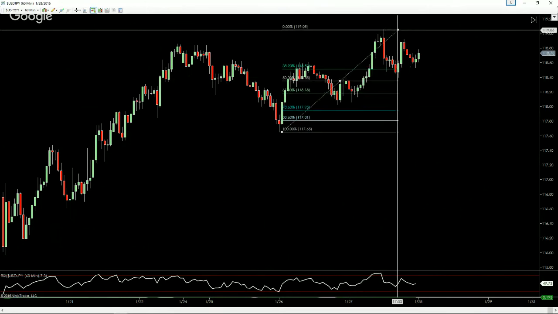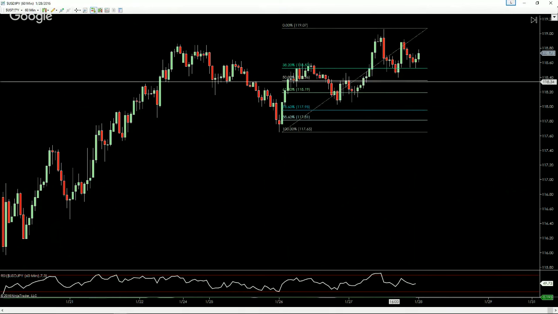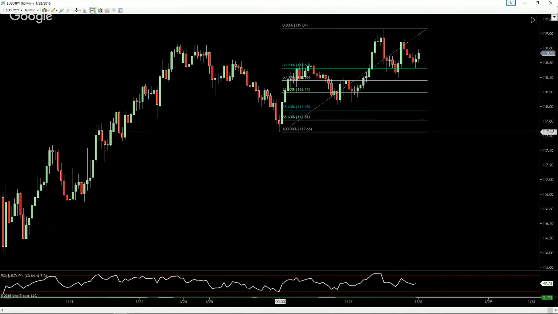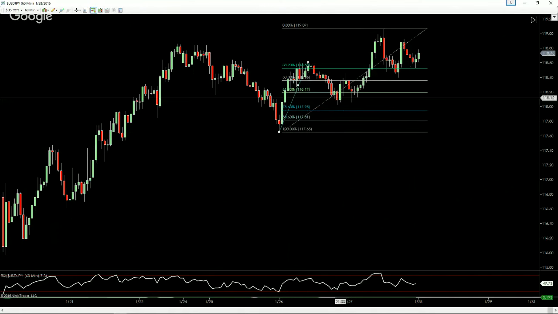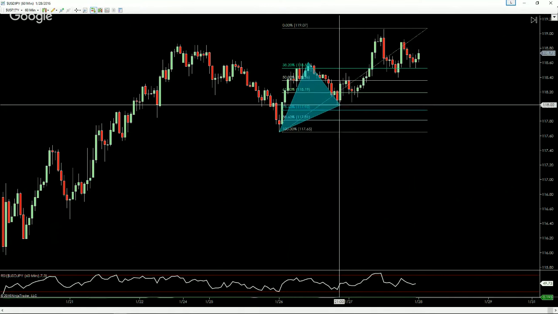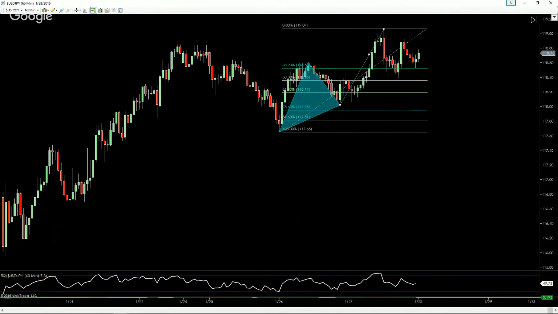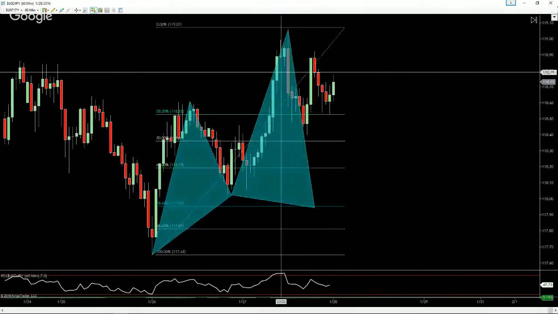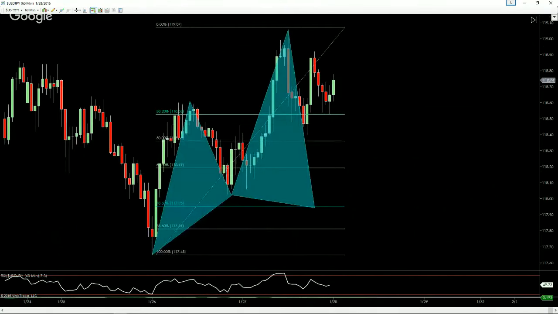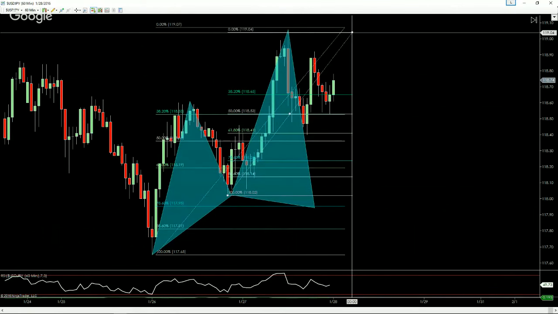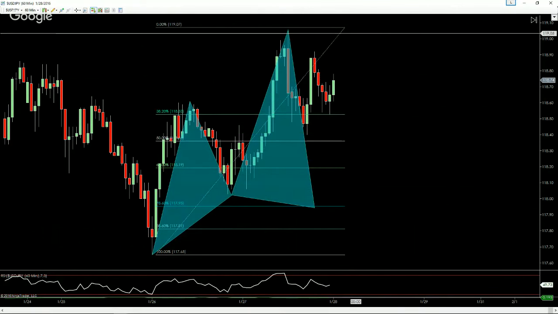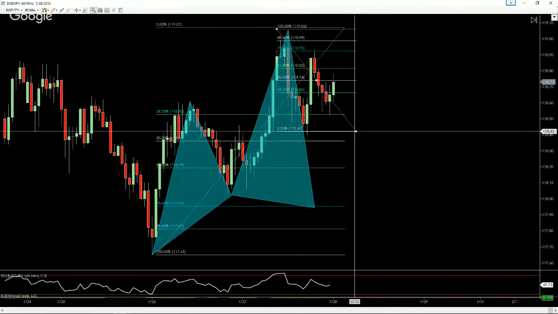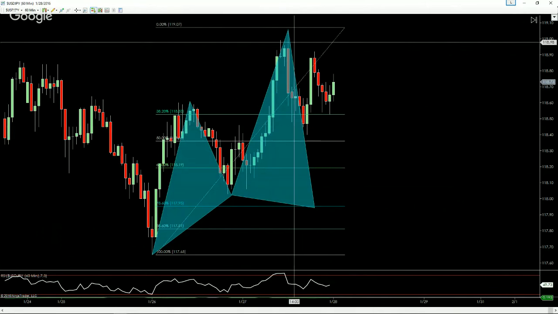We could have this cipher pattern, or a possible cipher pattern, A to B, C, D. Or you can also have this smaller pattern right here that's forming a bit. I believe that's a Gartley pattern. Let's see. Yes.